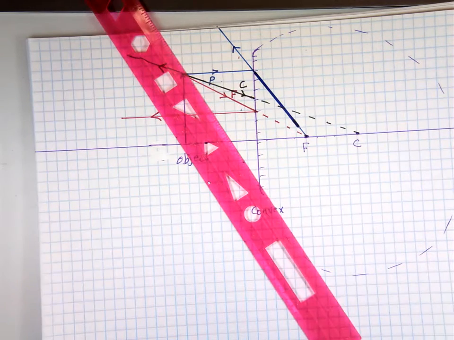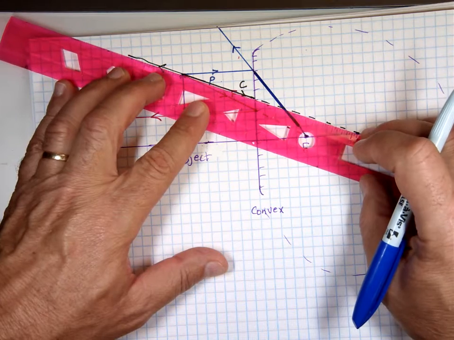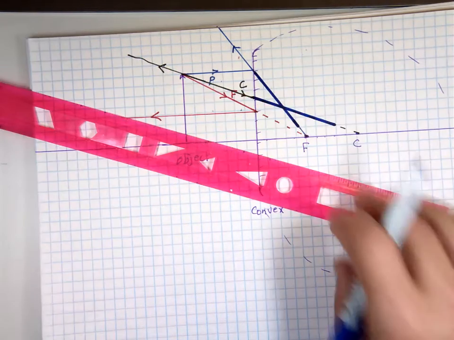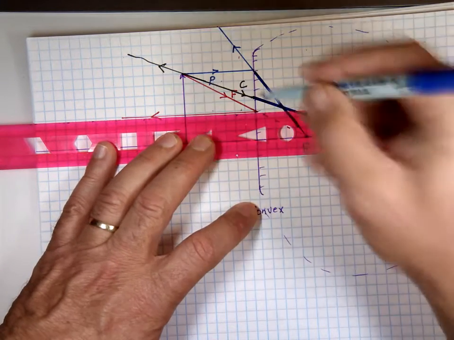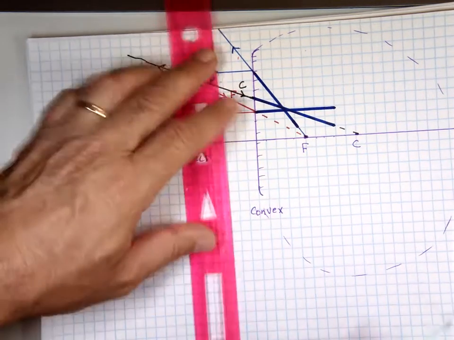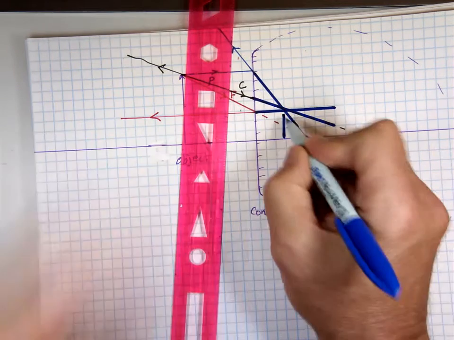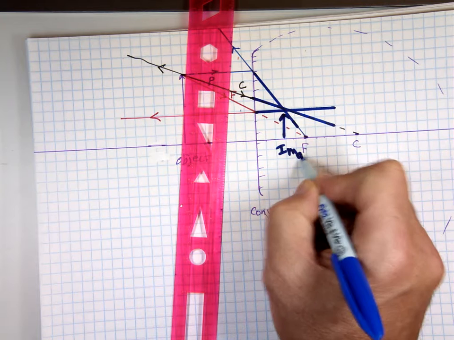Let's extend this one. And let's extend this one. And where the three of them meet, that's where your image is going to be. That's your image.